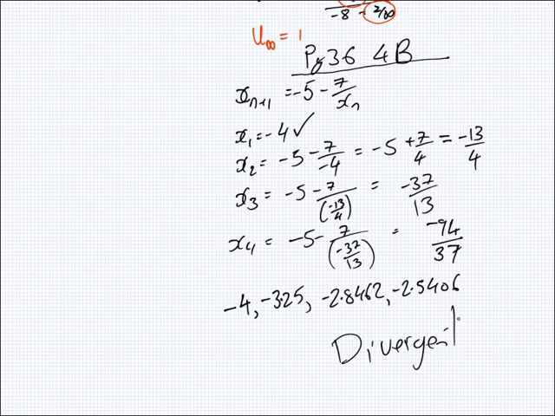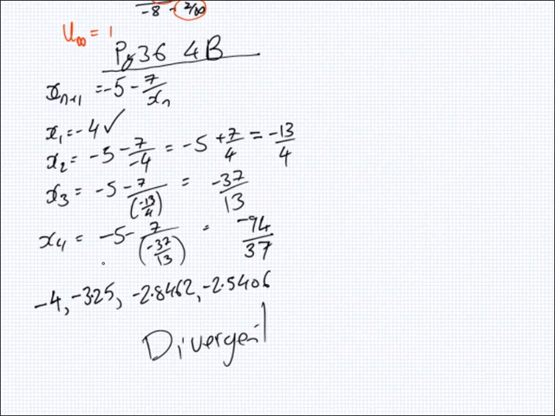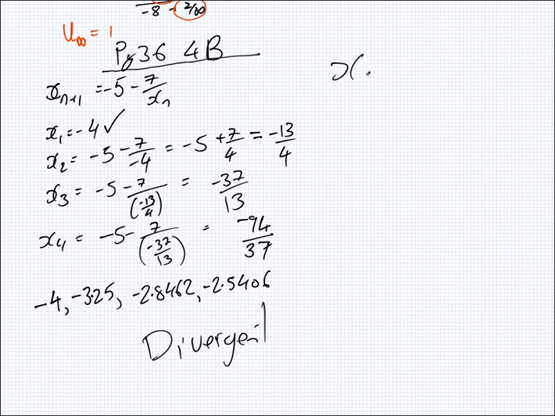Now, what's interesting here for your question is this is divergent. So I do wonder what would happen if we tried to find the limit, because it's not supposed to have any limit. So let's use the technique to find the limit to see what would happen. You would get x infinity equals minus 5 over 7 over x infinity. Or rather, it's x infinity plus 1.